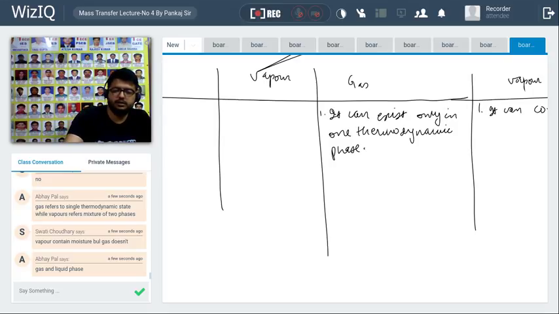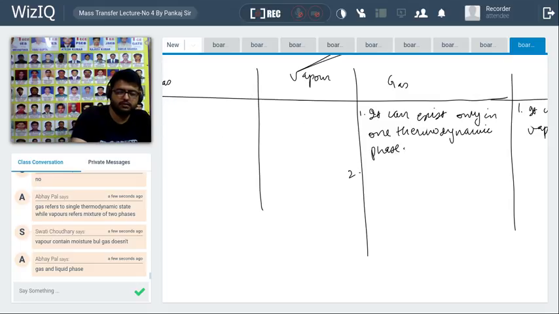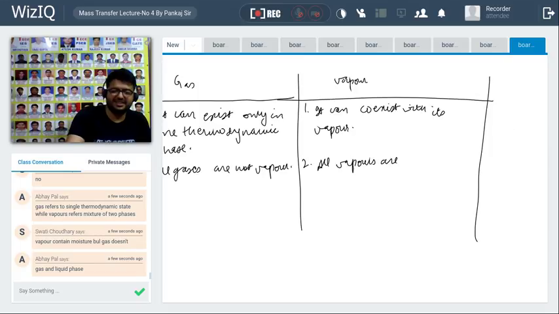It can coexist with its vapor, as you have mentioned. Second, all gases are not vapors. It's like what we used to do in school time, right? All vapors are gases.